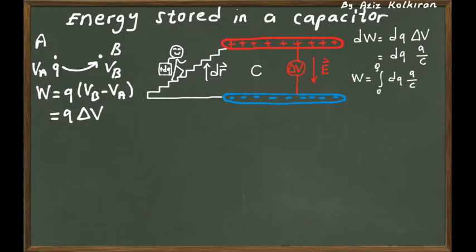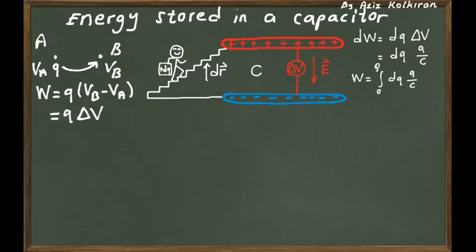To do this, you just take the integral of this expression, dq times q divided by C, from 0, because initially you had no charge, to a maximum charge, which is Q. Well, C is constant, so you can take C outside the integral, and you have the integral of q dq.